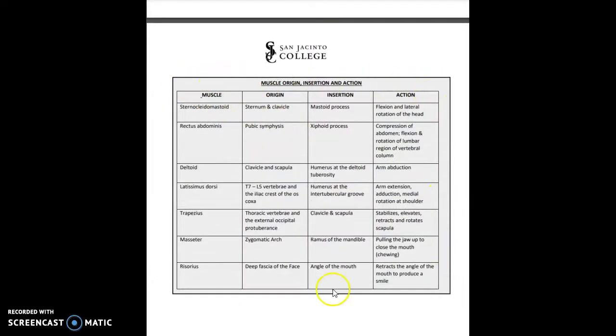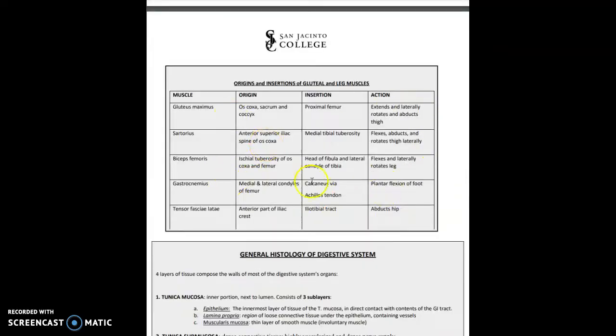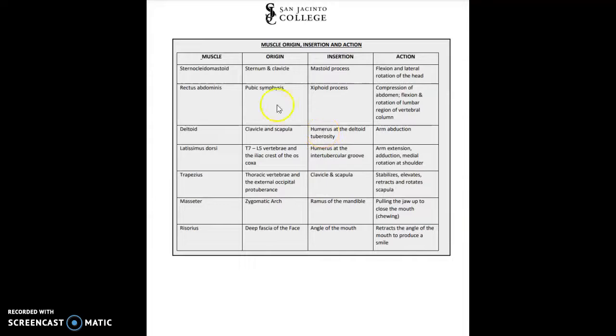These charts are very important. Why? Because we're going to be checking only a few origins and insertions. It's going to be maybe 3 or 4. And you have to know the name of the places for origin and insertion just for these muscles. You don't need to look for every single muscle, only these in your review.